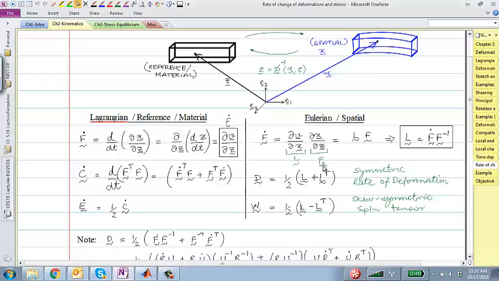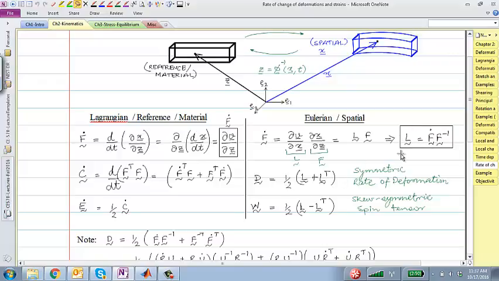So F dot is simply L times F, which means that if I post-multiply both sides by F inverse, L is equal to F dot F inverse. This is a very fundamental relationship that people use to describe time-dependent motion using the velocity gradient.